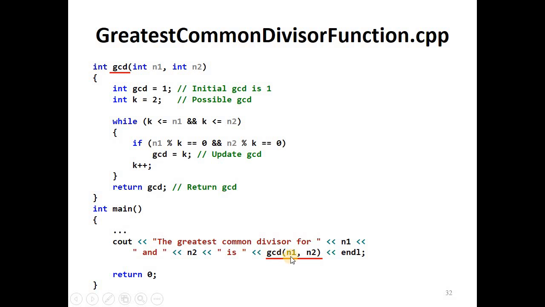The GCD function, the two passed parameters are n1 and n2. GCD returns an integer, which is the GCD, and the returned integer is output to the screen.